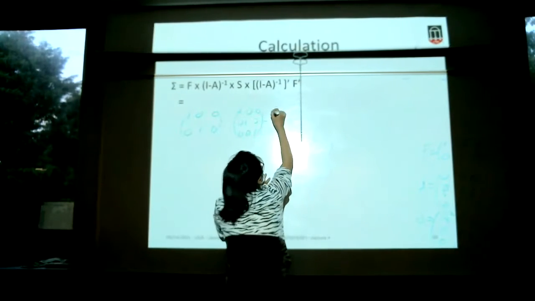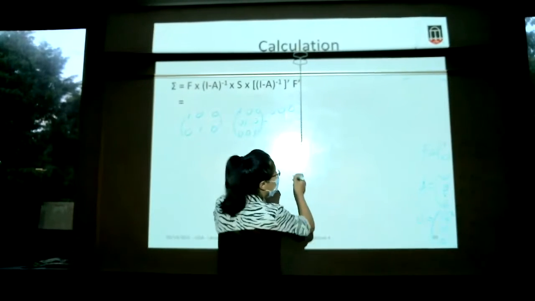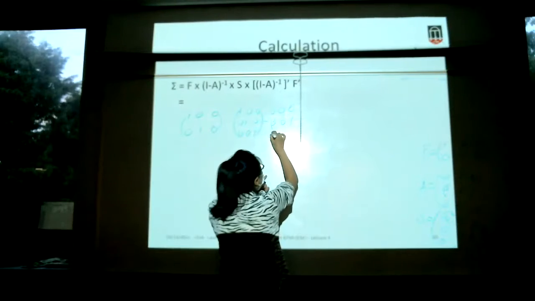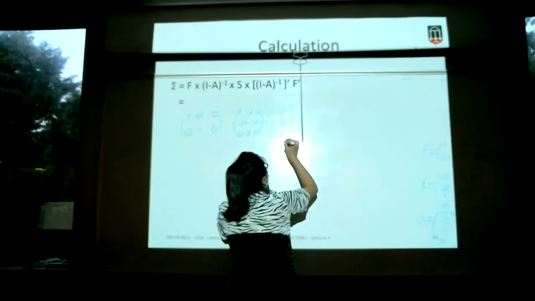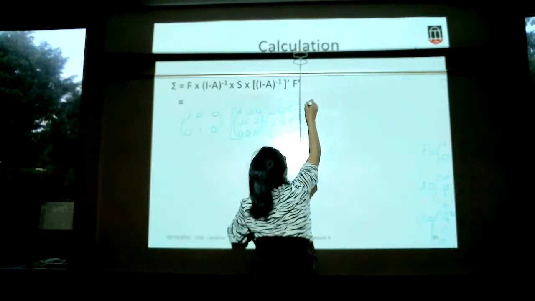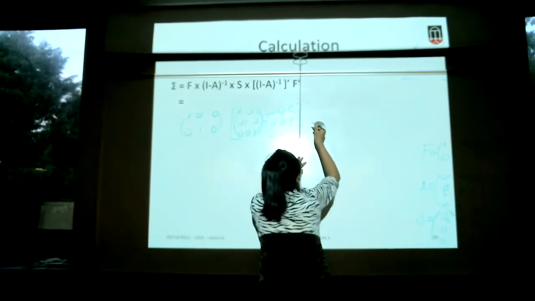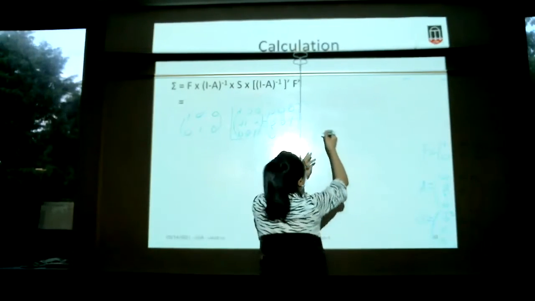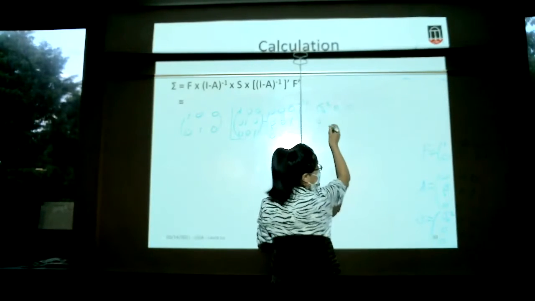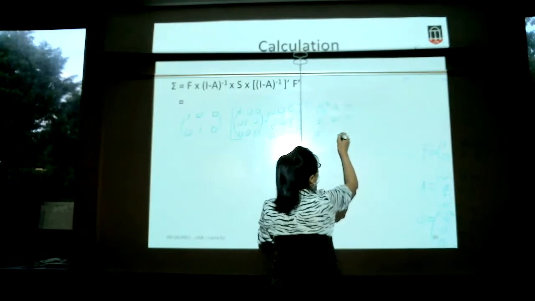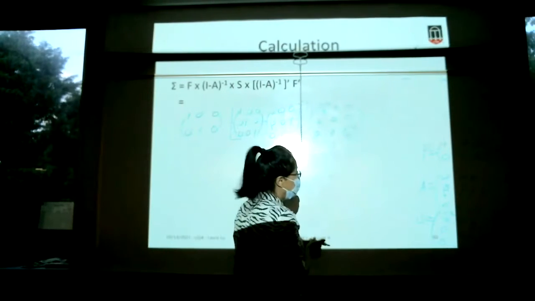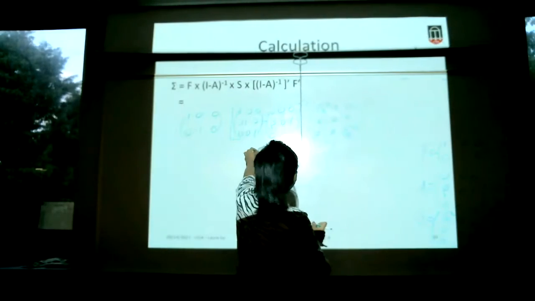A is here. We just obtained A. Then you calculate the inverse of this difference, and then multiply by S. S is here. And the transpose of this part.